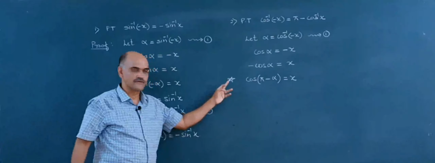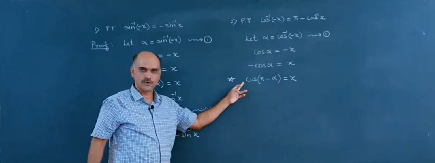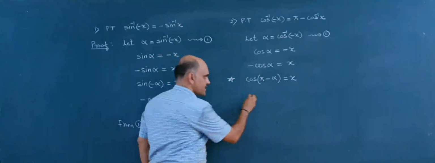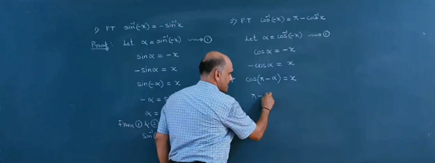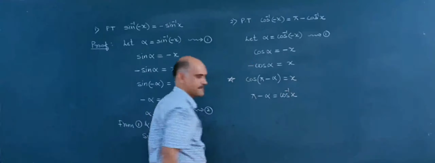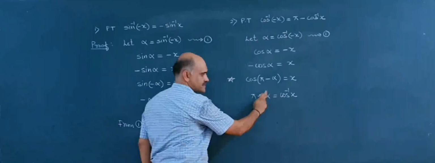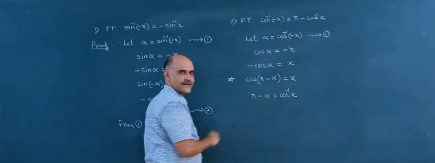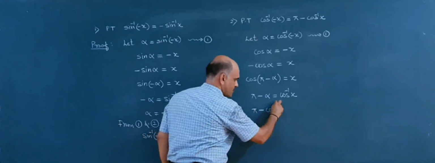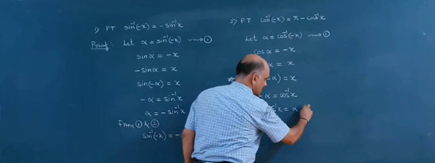This is important, where most students go wrong. So again cos I will pass to RHS, so you will have pi minus alpha is equal to cos inverse x. So cos inverse I will take to LHS, alpha I will pass to RHS. So I will have pi minus cos inverse x is equal to alpha.